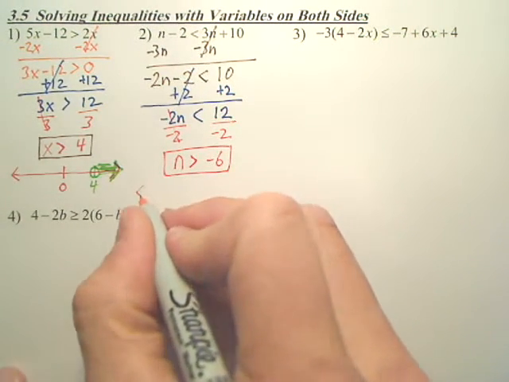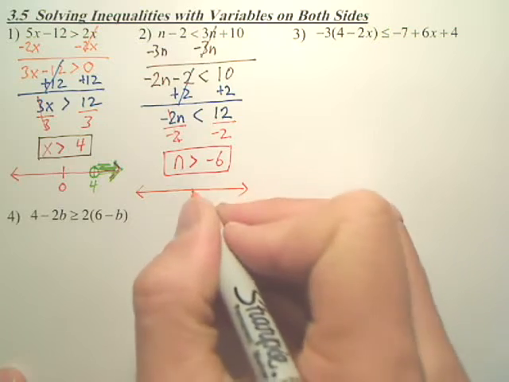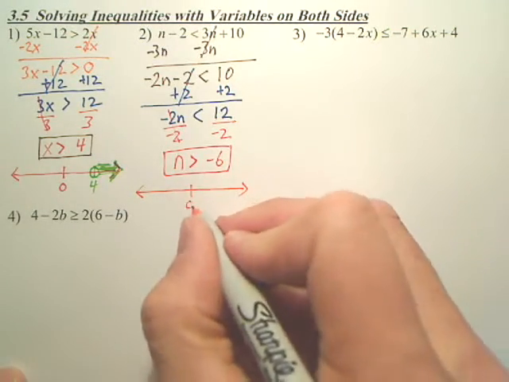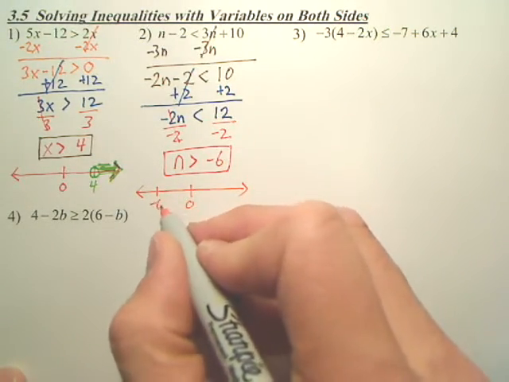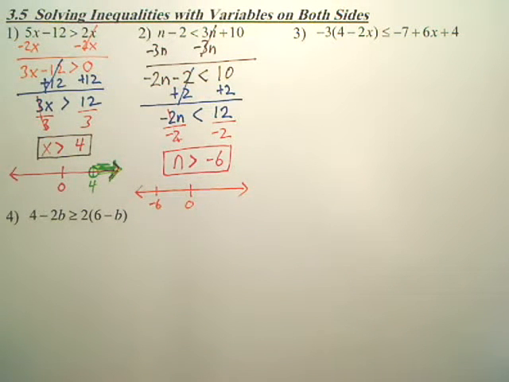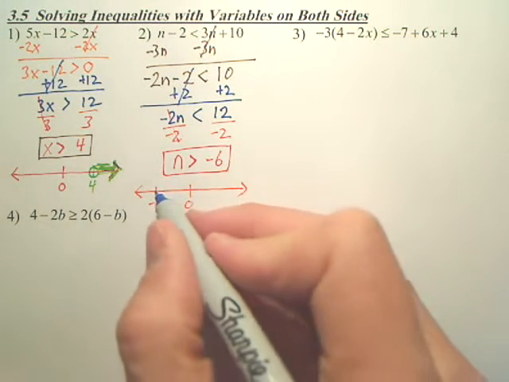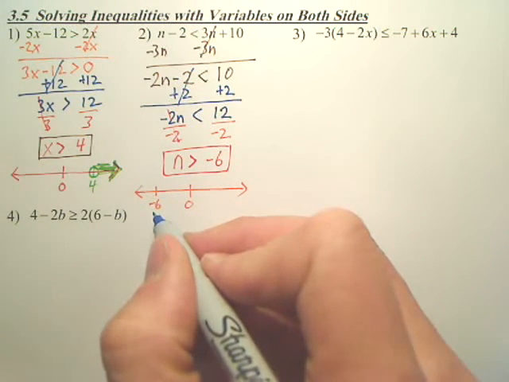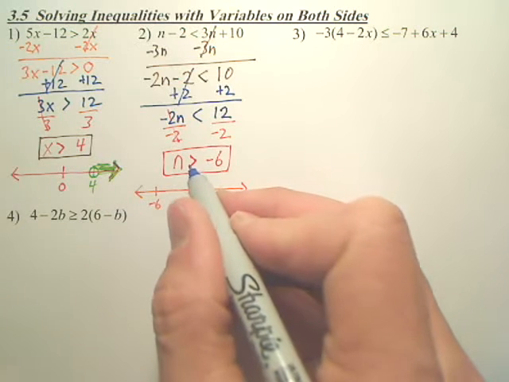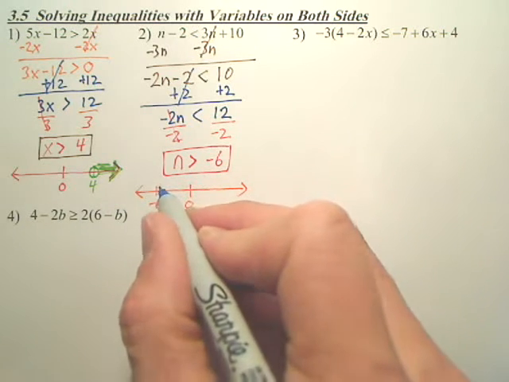Okay, let's make a number line and graph this. This is 0. Negative 6 would be over here. This is saying n is greater than negative 6. Open or closed circle? Open because it's just a greater than.